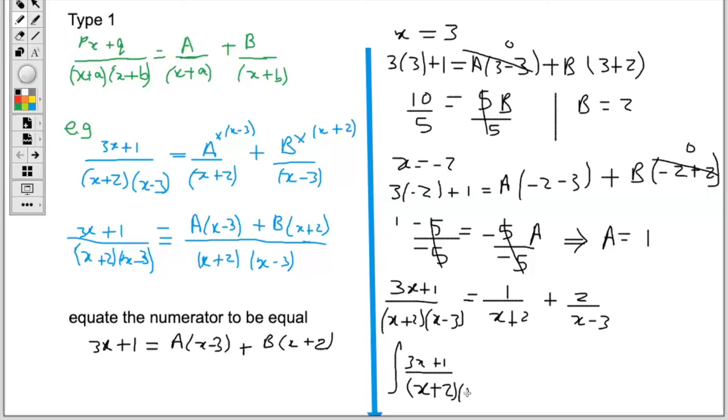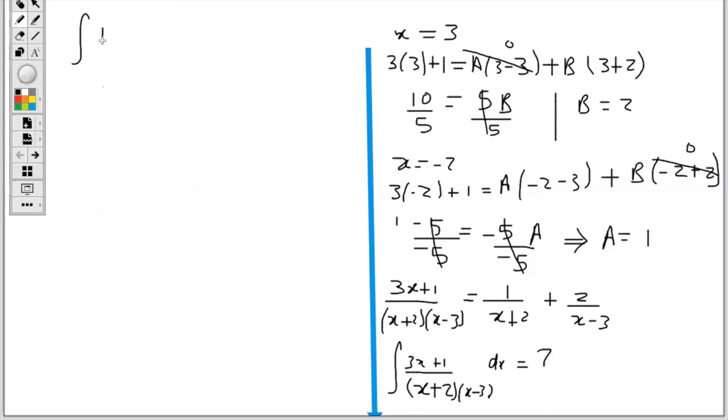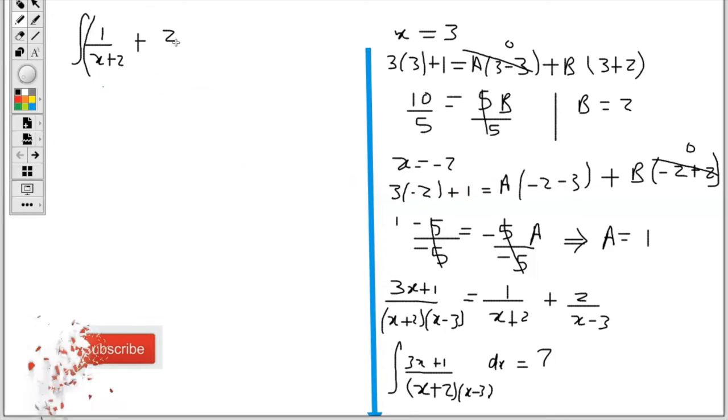First things first, I'm going to rewrite this. It is the same thing as 1 over x plus 2 plus 2 over x minus 3.